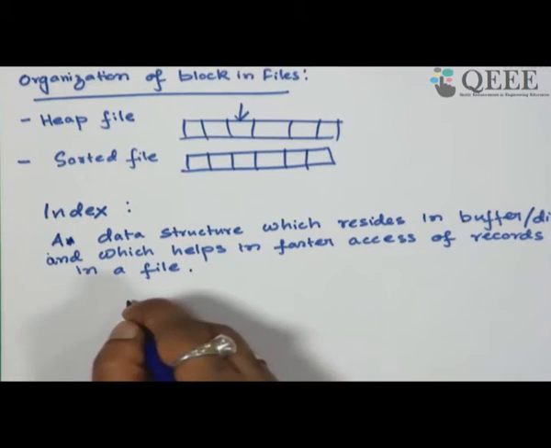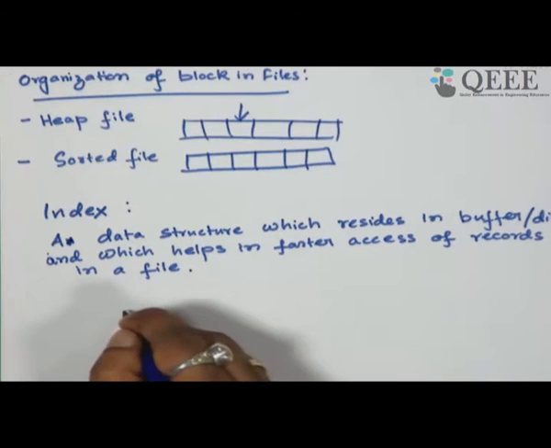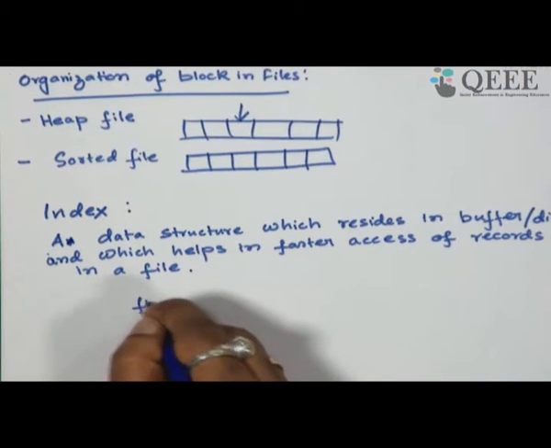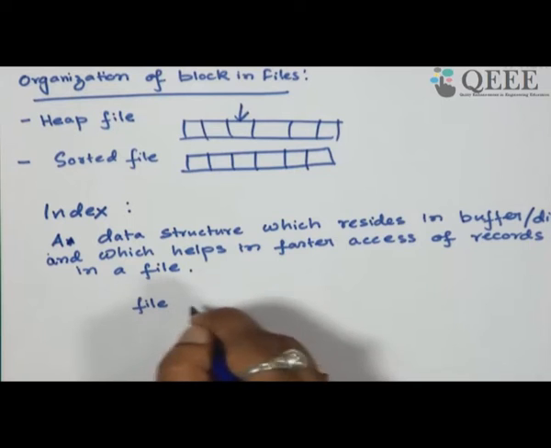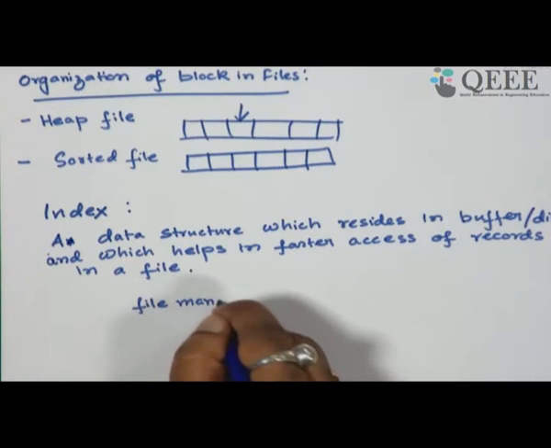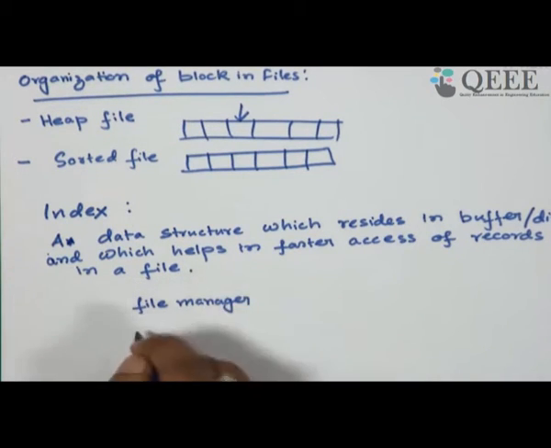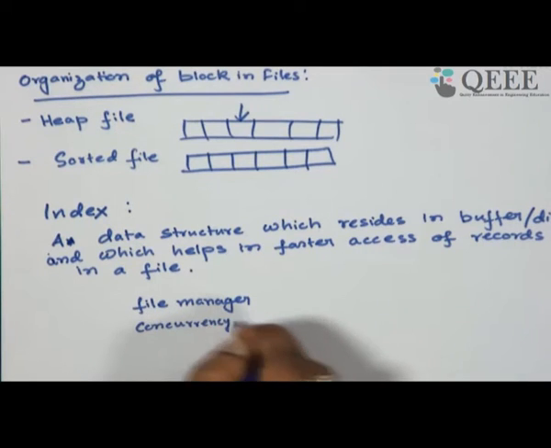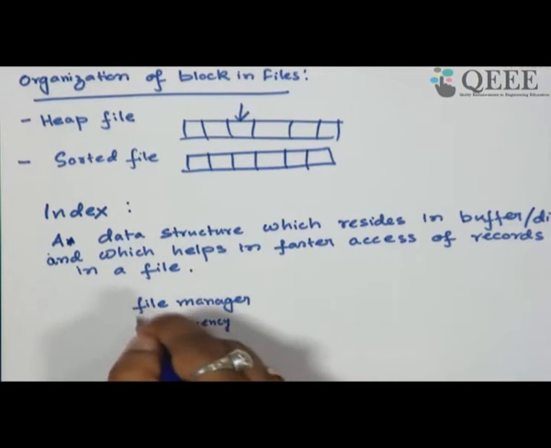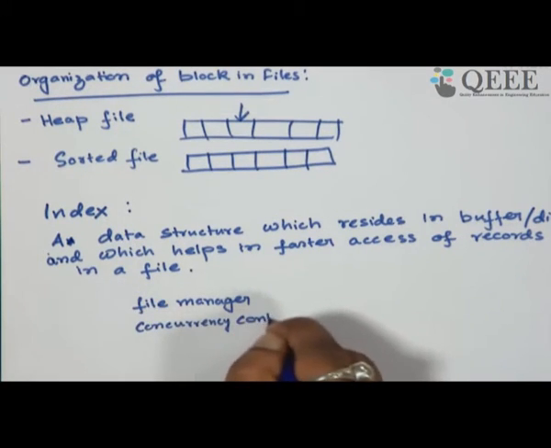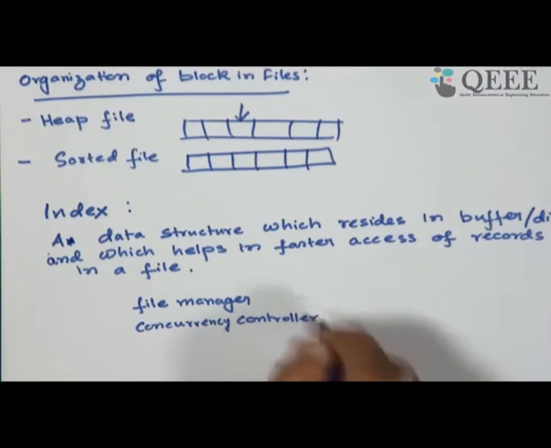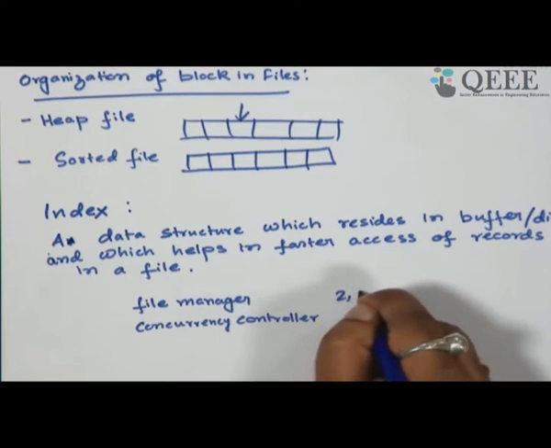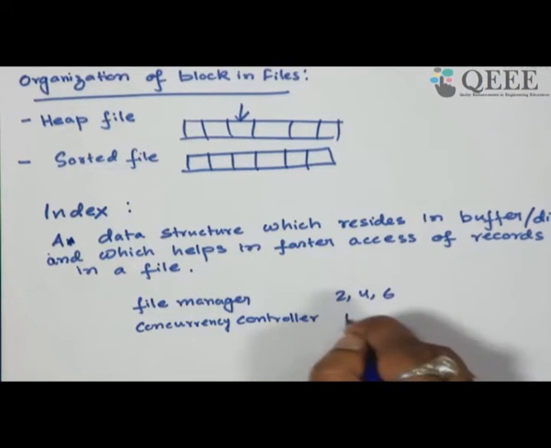It contains keywords, strings such as file manager and concurrency control, sorted in alphabetical order, and then a list of pages which contain that concept.